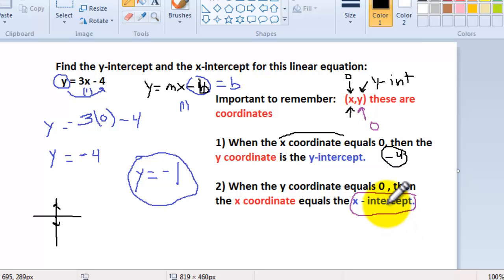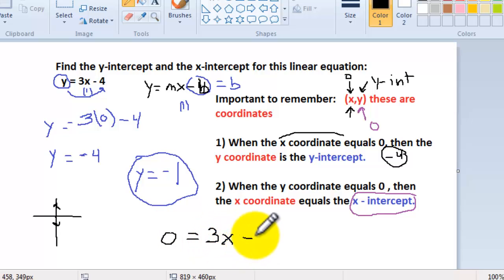The x-intercept, we have to plug in y equals 0. This y-coordinate has to equal 0. So we'll force it to equal 0. Just as I showed you in the other video, you can set a value for y and solve for the x.